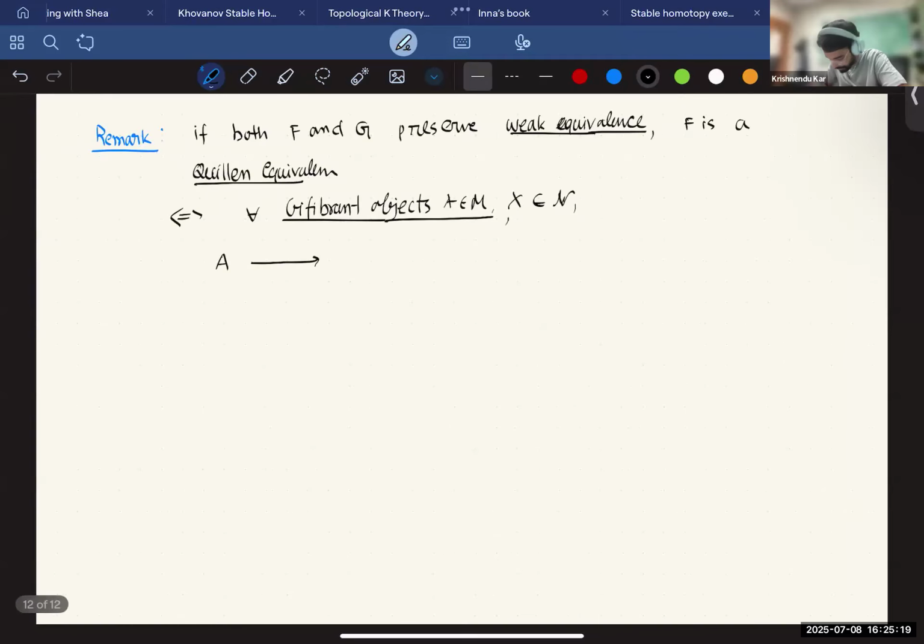The unit and counit of that adjunction will induce weak equivalences. So this is your counit and unit.